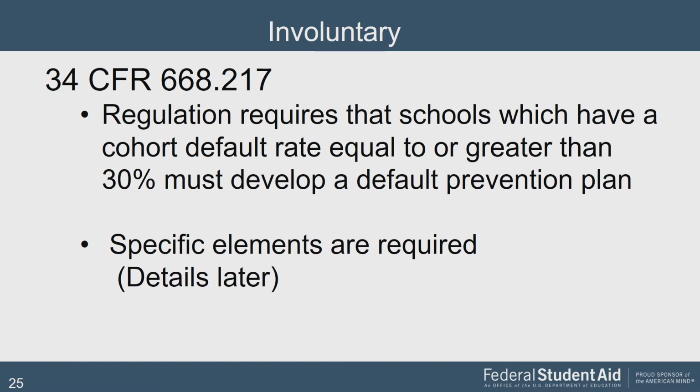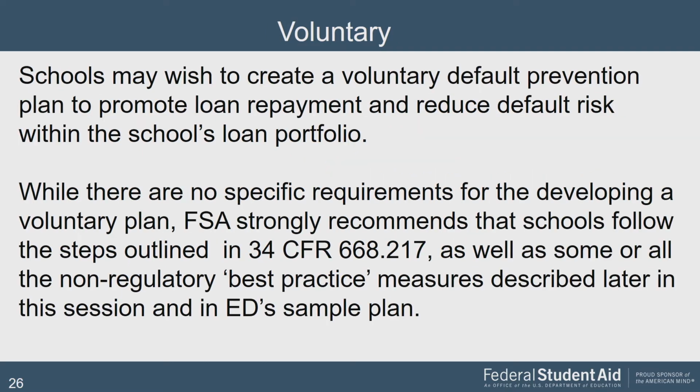If you're sitting in this room, you should have a 668.217 plan, not a 668.214 plan, but at least a 668.216 plan. And remember what I said from the onset. This is whose responsibility? An institutional responsibility, not a financial aid responsibility. So when we're talking about creating a plan, we're not talking about the financial aid office having some additional stuff to do. We're talking about the default management task force that we'll talk about later on.